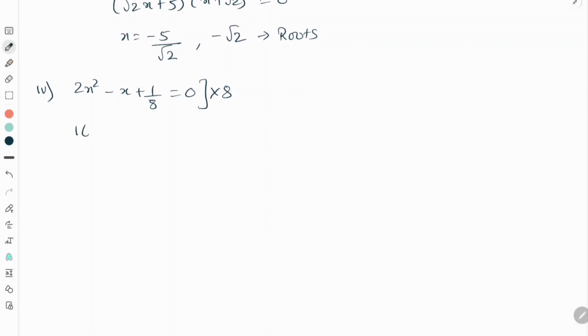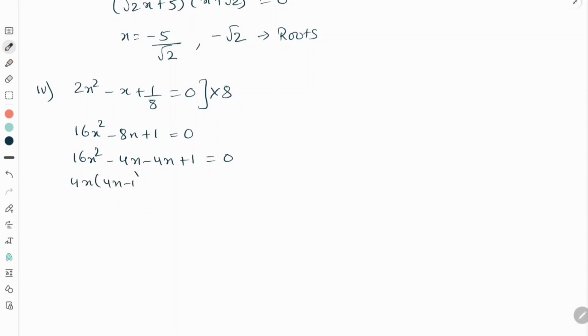So it will become 16x² − 8x + 1 = 0. Now you can solve this equation. To solve this equation we can write 8x as 4x + 4x, so 16x² − 4x − 4x + 1 = 0. Then we can find the common terms.